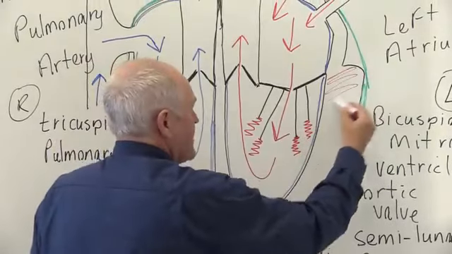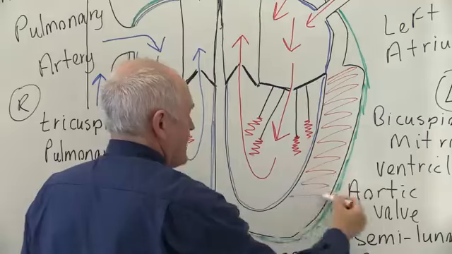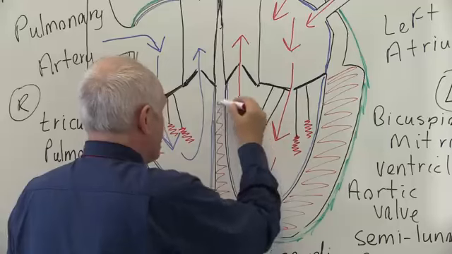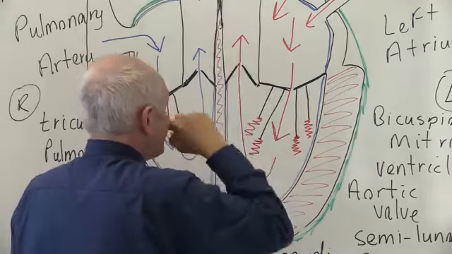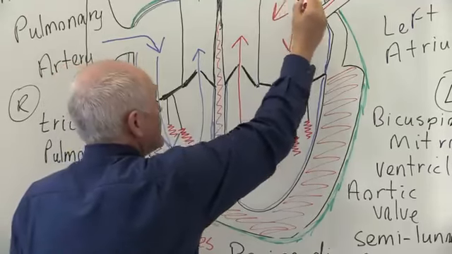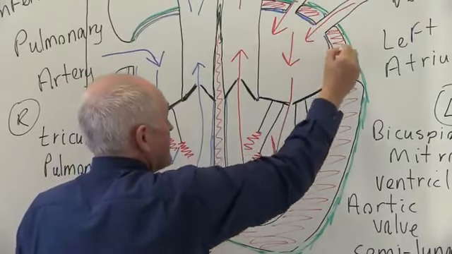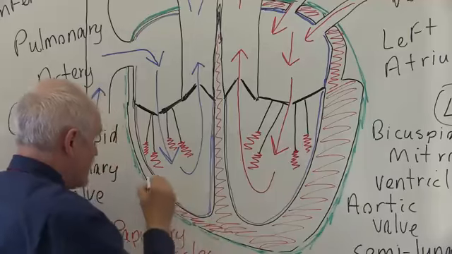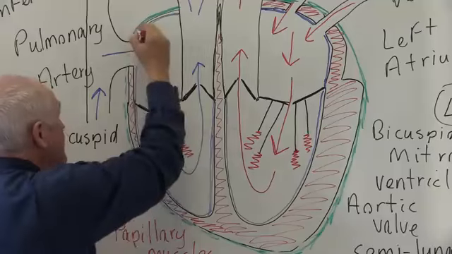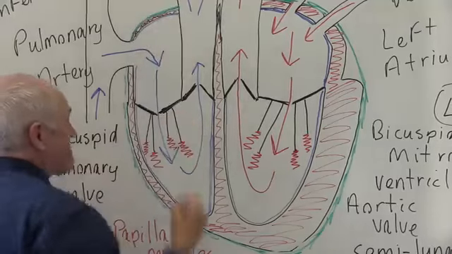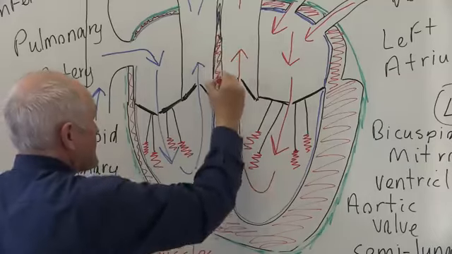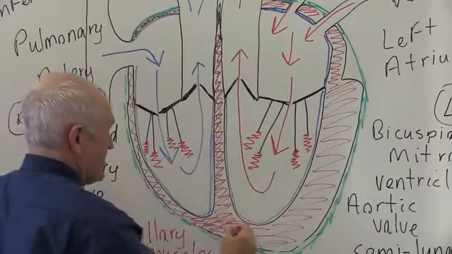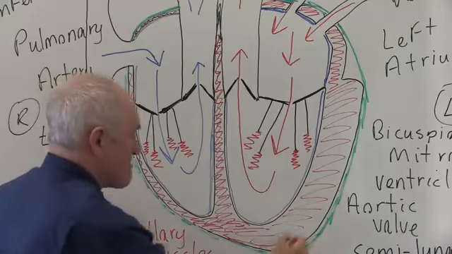And all this area here, the thick muscular wall of the left ventricle, this bit that goes up the middle, the wall of the left atrium, the wall of the right ventricle, and the right atrium, all of this contains bands of a specialised muscle called cardiac muscle.